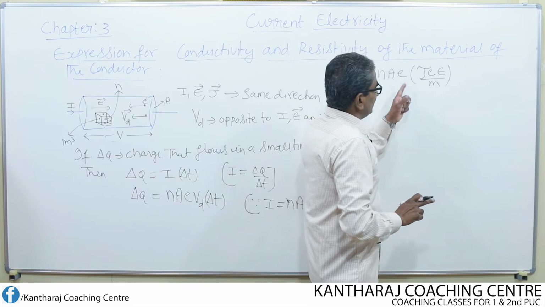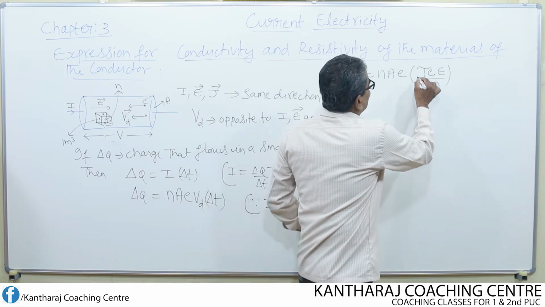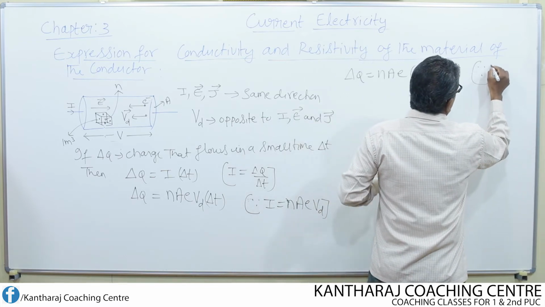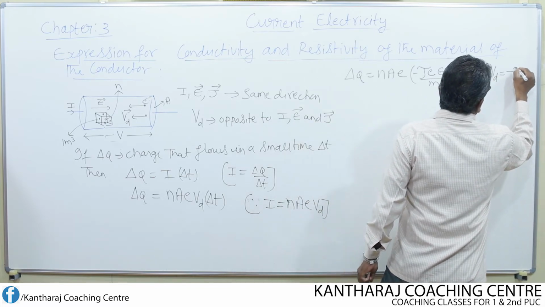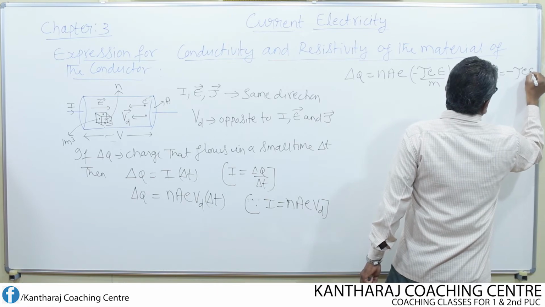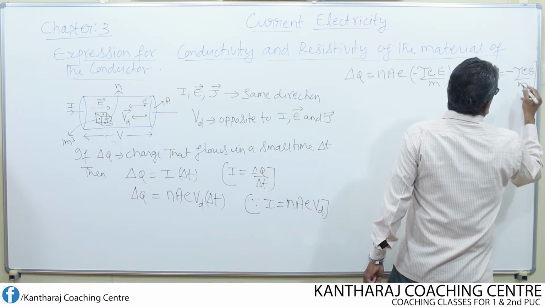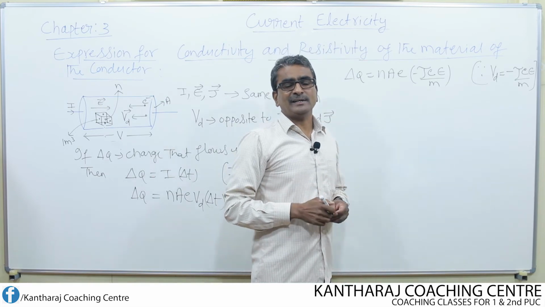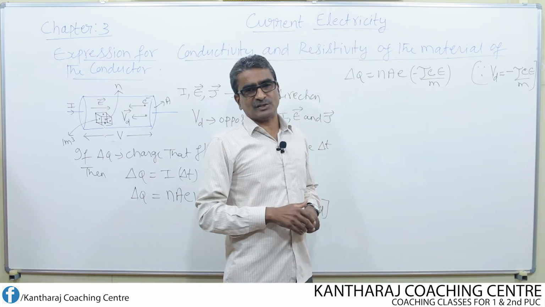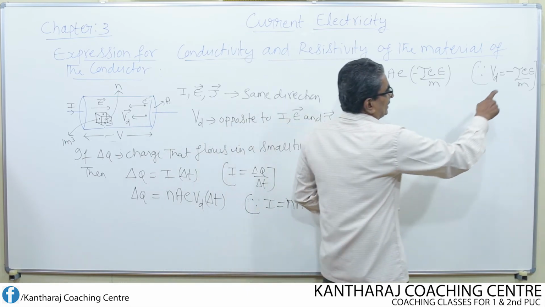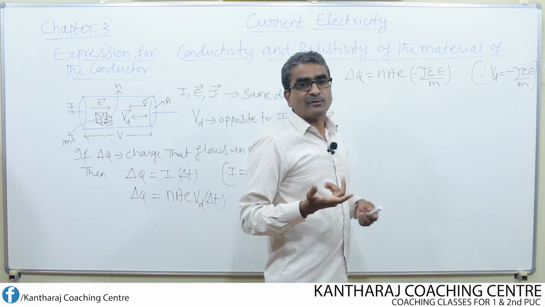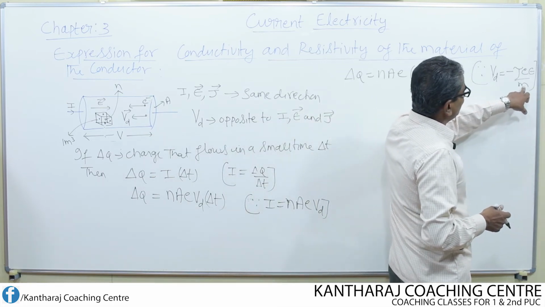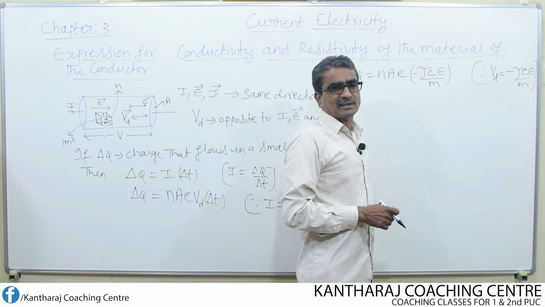What does the negative sign indicate? The actual equation is Vd equal to minus tau E into E by M. What is tau? Relaxation time of the electrons, that means the time taken by the electron between two successive collisions. E is the electric field, M is the mass of the electron and e is the charge of the electron.